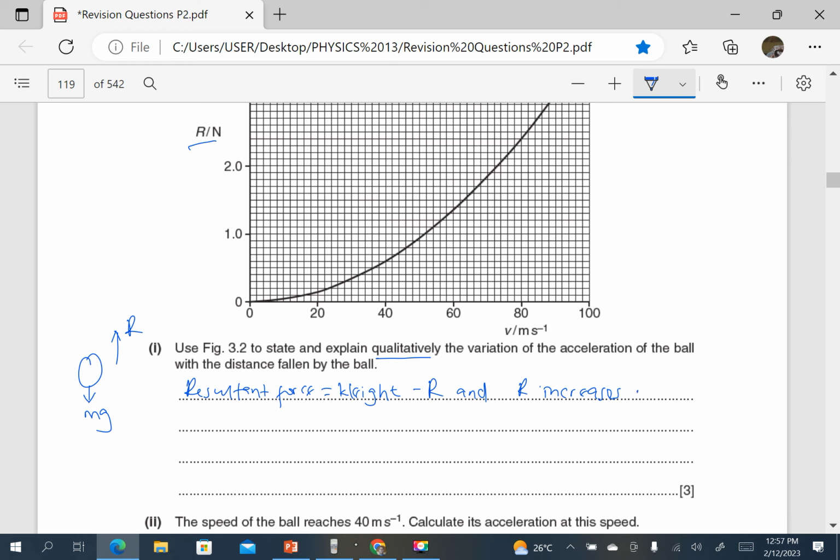The resistive force increases with velocity.